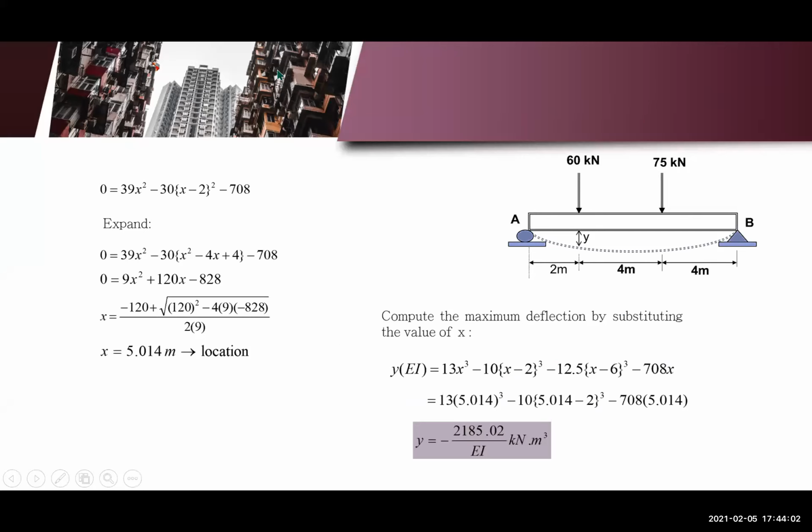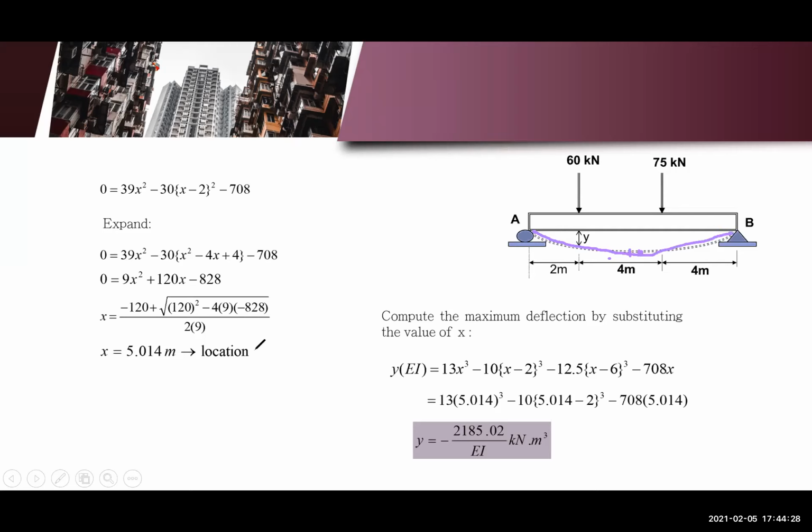So if this is 6 meters, it will be somewhere around here na 5.014. So ang gitna niya is 5. Kung mapansin niyo, konti lang yung difference. Ito yung gitna 5, pero andito yung point of maximum deflection. So dapat mas mababa yung point niya kaysa dun sa gitna.